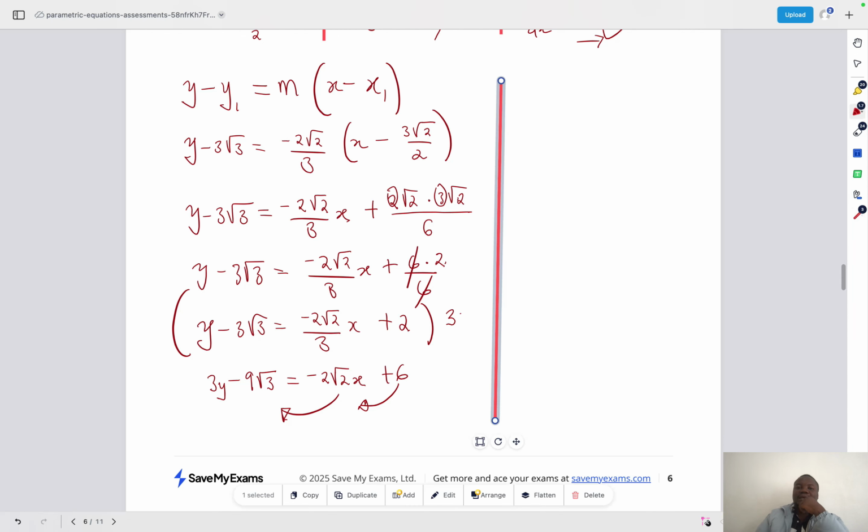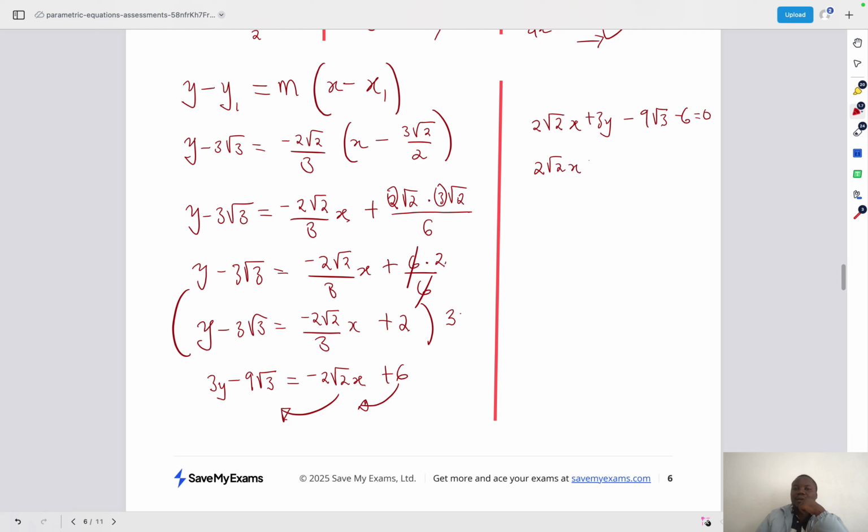So I'm going to do it here. If this moves, it's going to be 2 root 2, because it becomes positive, and then there's x here, then there's a plus 3y, then minus 9 root 3 minus 6 equals 0. Now if you look at this, I can write this as 2 root 2x plus 3y. I pull out the minus and put these guys into brackets as the question indicates.